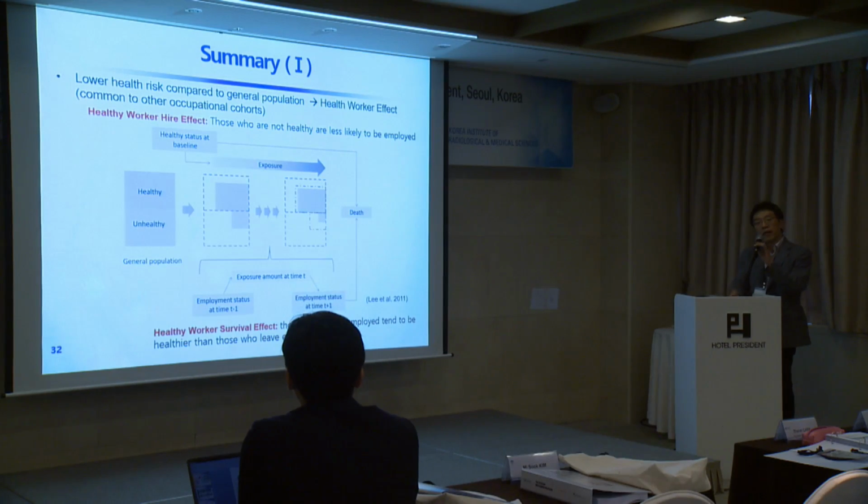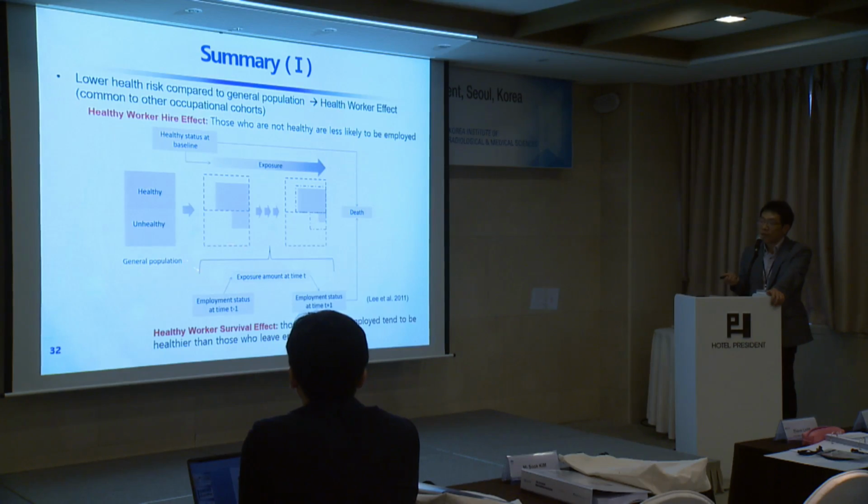So there are two summaries here. One is the healthy worker effect, and there are two types. One is the healthy worker hire effect, which is that those who are not healthy are less likely to be employed. The other is the healthy worker survival effect: those who remain employed tend to be healthier than those who leave employment.